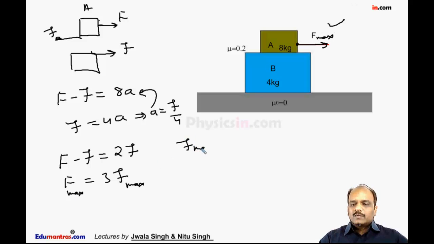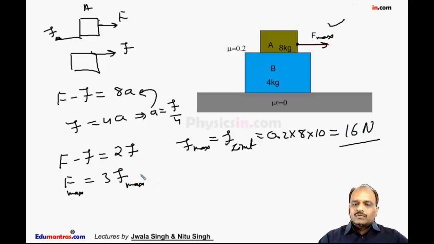And we know the maximum value of this friction force is the limiting frictional force, which is equal to 0.2 times 8 into 10, which is equal to 16 Newton. So from here we can say F max is 3 times 16, 48 Newton.